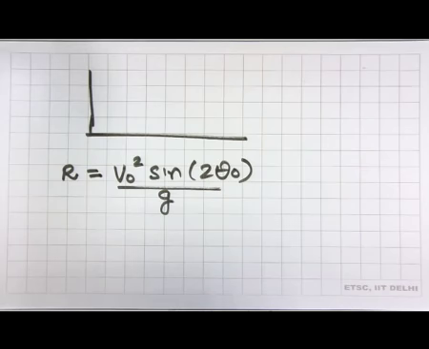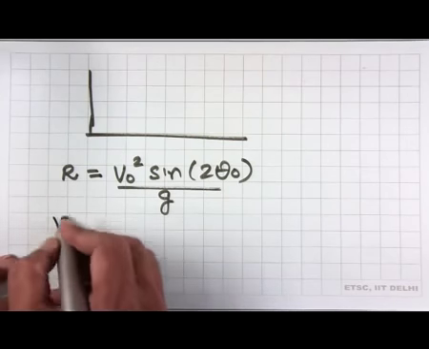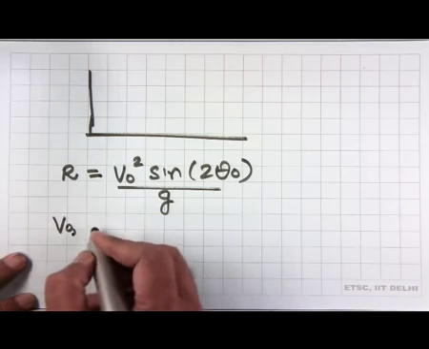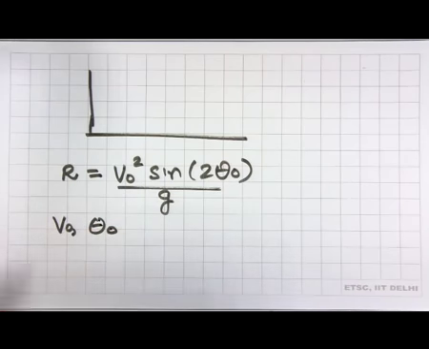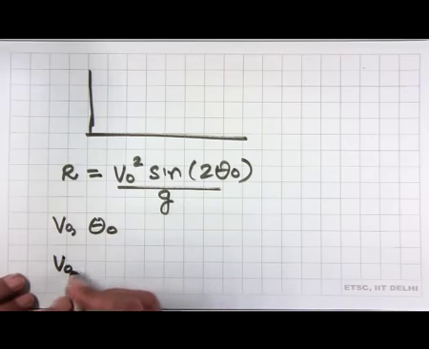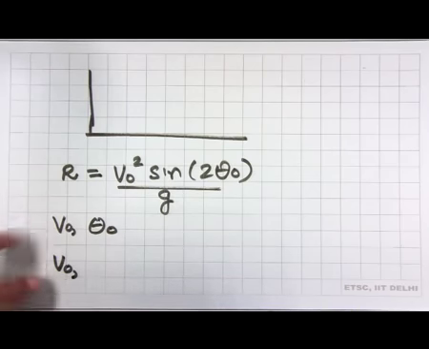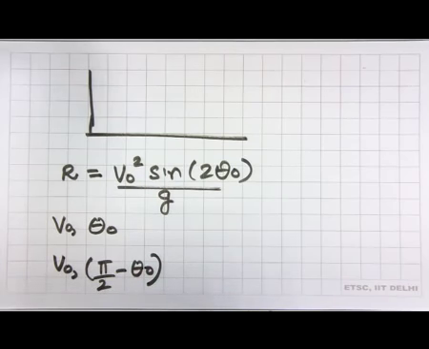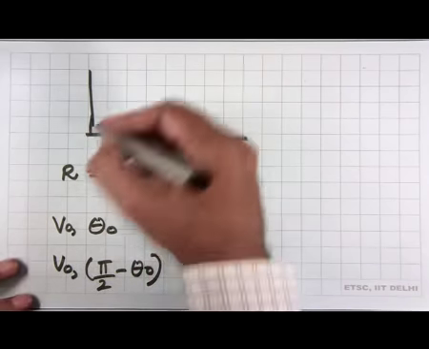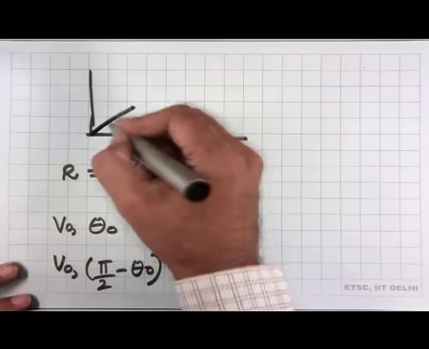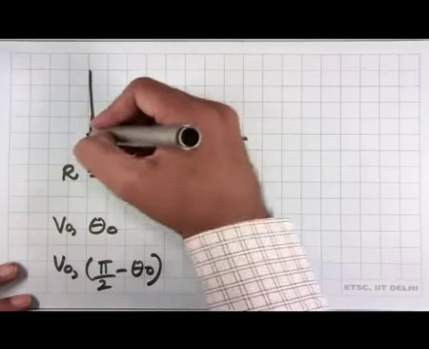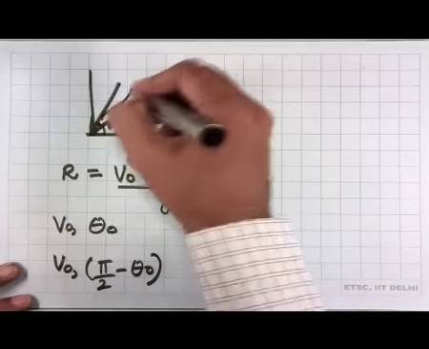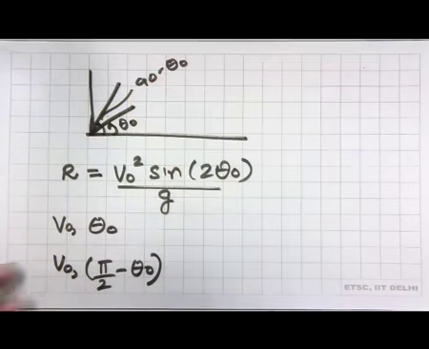Now, if we are given the value of V0 and theta 0, and we look at another projectile which is thrown with the same initial speed V0, but at an angle of pi by 2 minus theta 0, that means one projectile is thrown at an angle of theta 0, another is thrown at an angle of 90 minus theta 0.